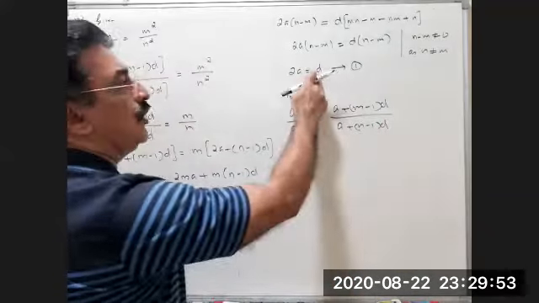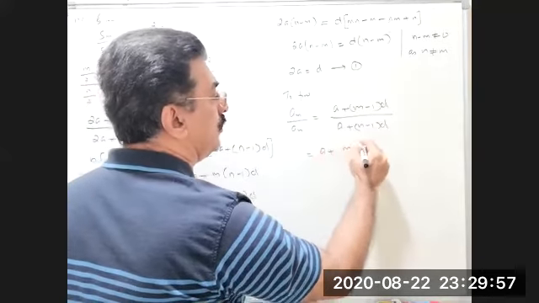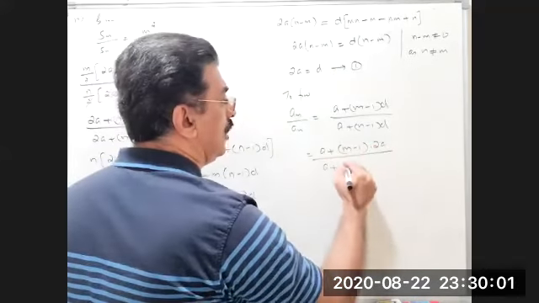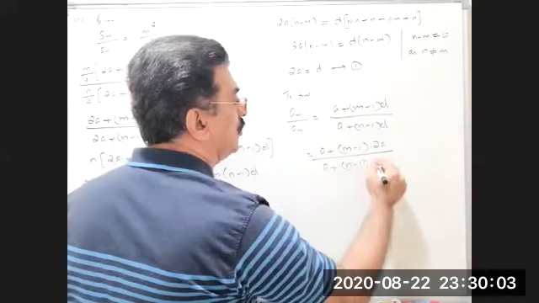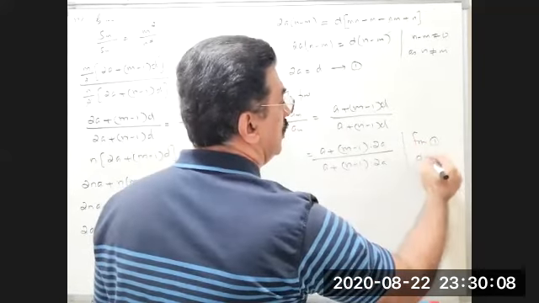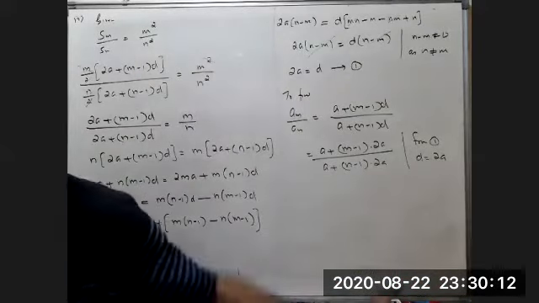Here we can put the value of d. So a plus m minus 1 into 2a, a plus n minus 1 into 2a. From equation 1, d is equal to 2a. Now open the bracket, take a out, we get the answer.